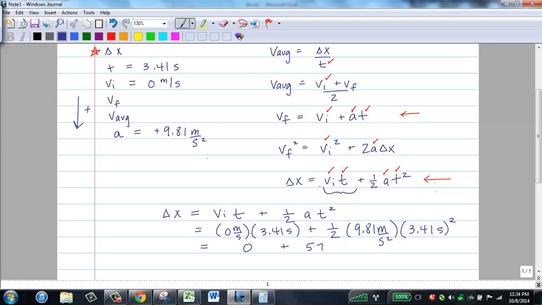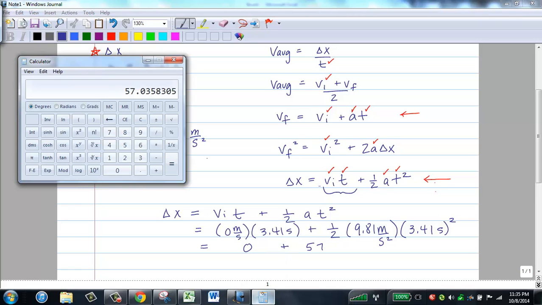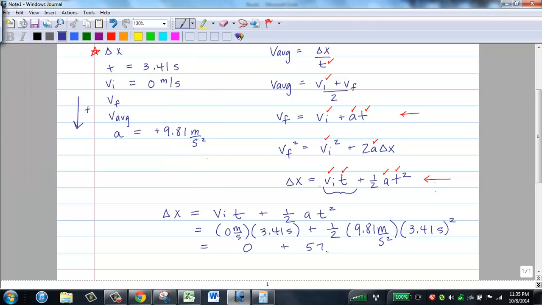Since the value I was given for the time, 3.41, has 3 significant figures, and the acceleration, 9.81, has 3 significant figures, I can write my value down to 3 significant figures. So I'm going to write 57.0. The next number is a 3, so I'll keep that a 0 instead of rounding it up.